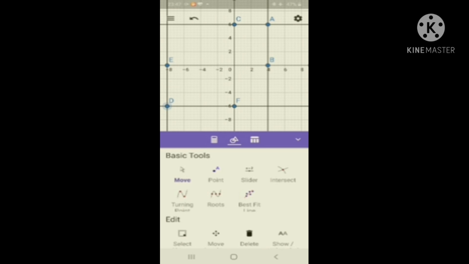Means B is on the OX axis, C is on the OY axis, E is on the OX dash axis, F lies on the OY dash axis. Means B, C, E, F are not in any quadrants. They are lying on the axes. And A and D are in quadrants.